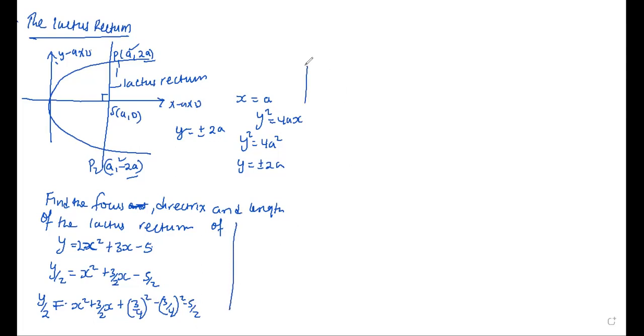This will give us y over 2 is equal to (x plus 3 over 4) squared minus 9 over 16 minus 5 over 2.